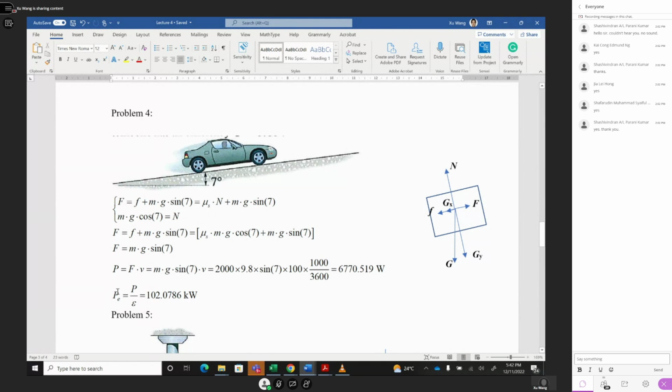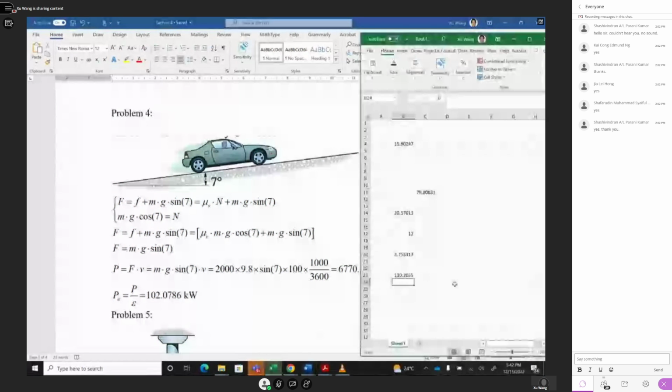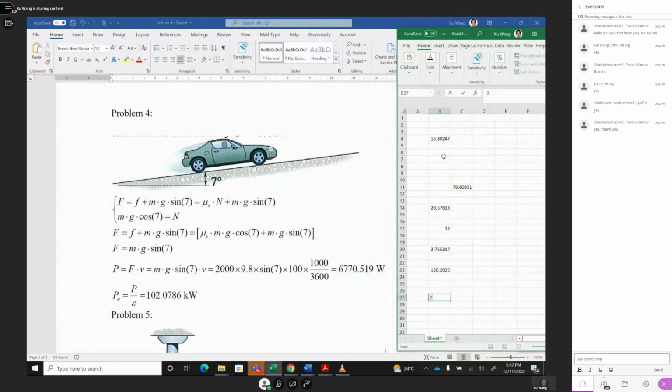In order to get the engine power, you have to divide by 65%, the efficiency. Then you get 102.0786 kilowatts. So we check the calculation. We get 2,000, equal. Don't forget the equals sign, otherwise you won't get the result. 2,000 multiplied by 9.8, multiplied by sine of 7 degrees.